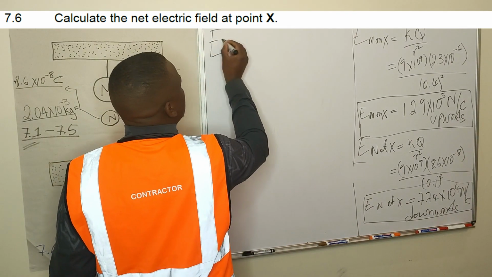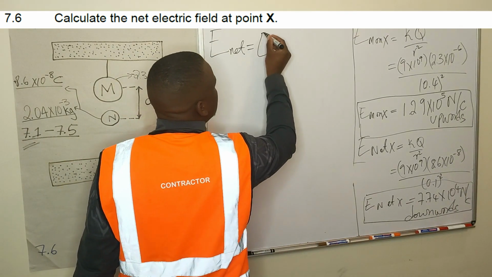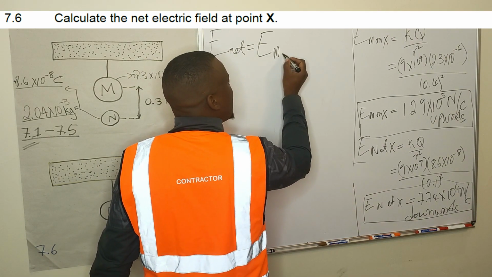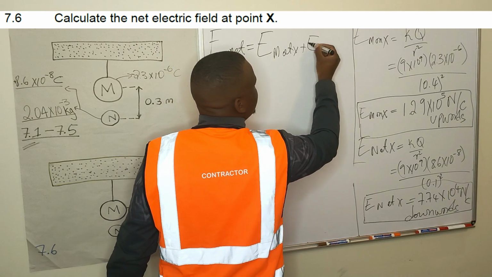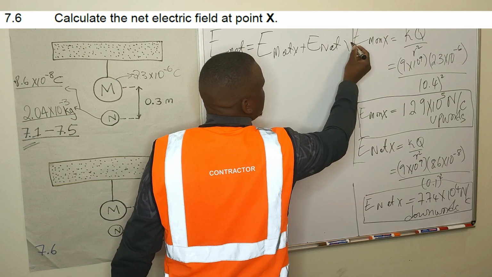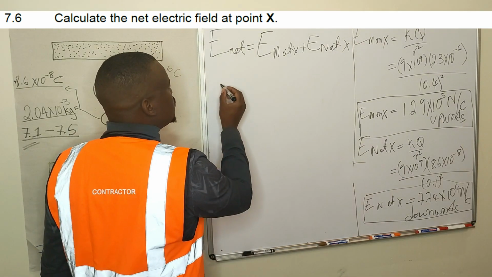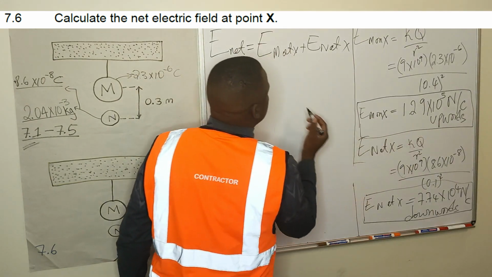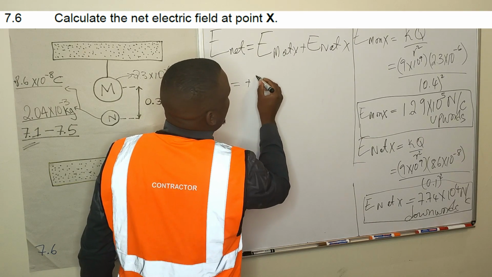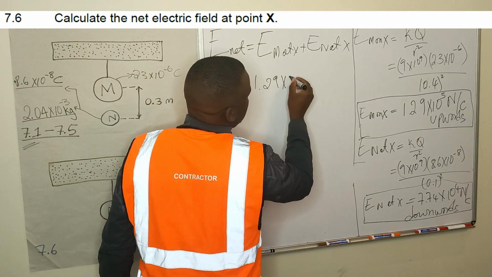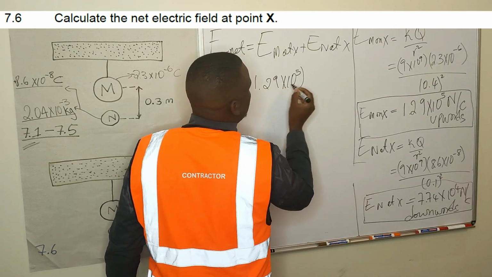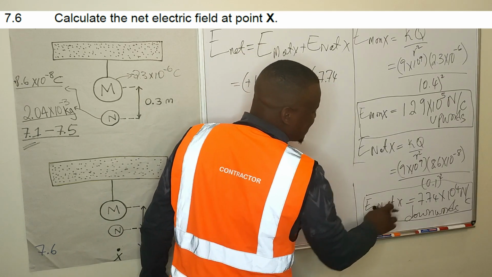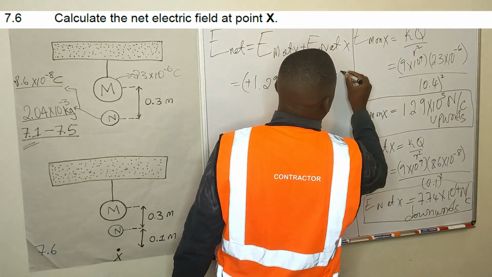So you say, okay, E net is equal to the electric field of M at X, plus the electric field of N at X. This one is upwards, so it's positive: 1.29 times 10 to the positive 5, plus the negative of that, minus 7.74. We say it's negative because it's going down, times 10 to the power 4.